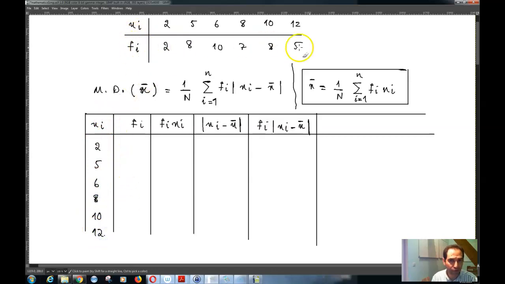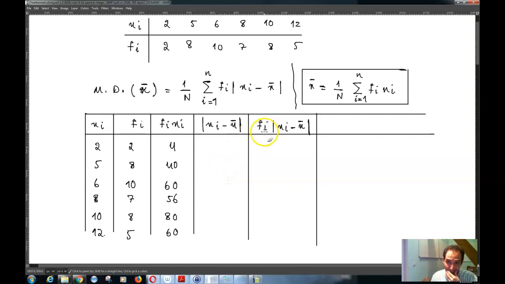And the f of i's related to these x of i's are 2, 8, 10, 7, 8, and 5. Now f of i times x of i, you can just simply multiply these together. So 2 times 2 is equal to 4, that is 40, that is 60, that is 56, that is 80, and that is 60, right?